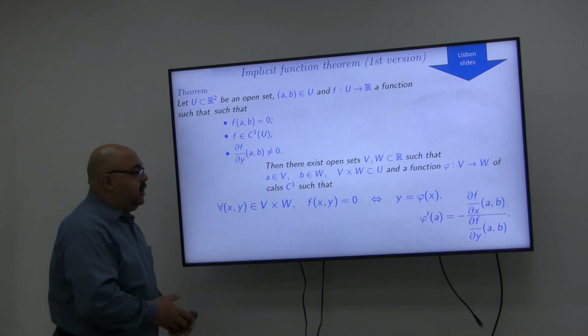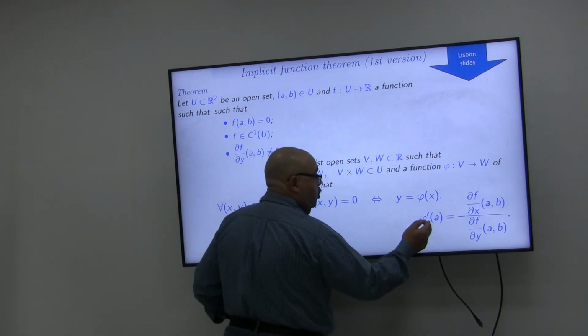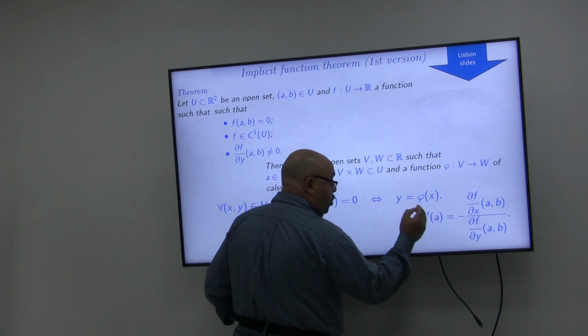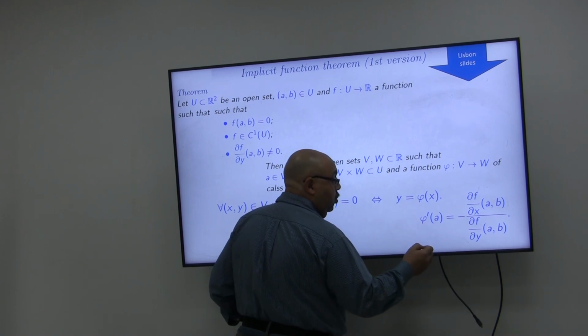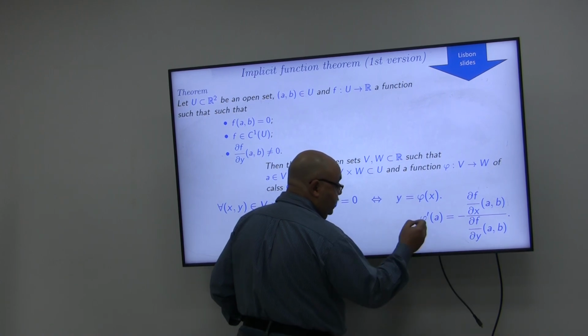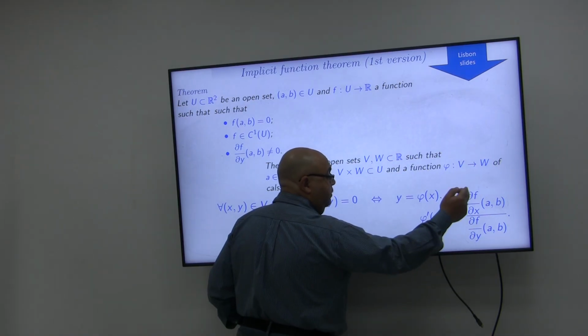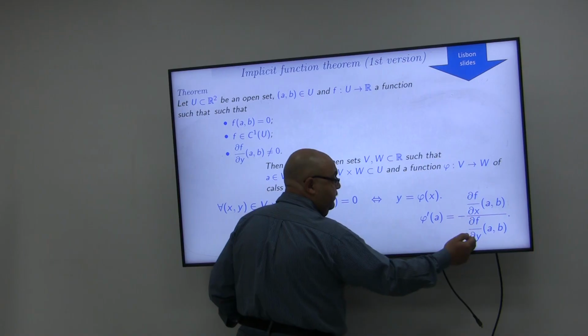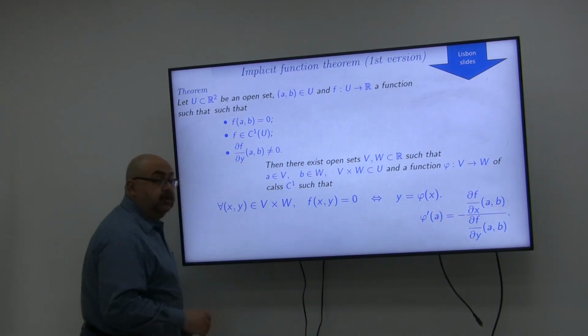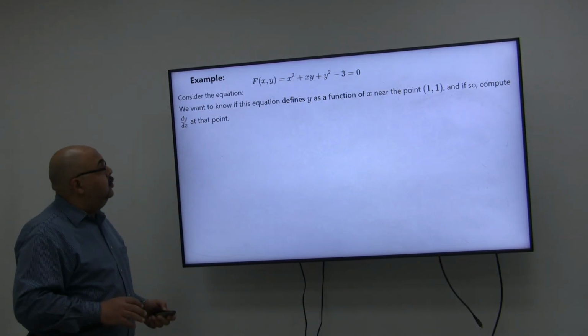In this manner, we can get the total derivative dy by dx, as I told you, simply by getting negative partial f partial x over partial f partial y at the indicated point, which is exactly the same as what we did.